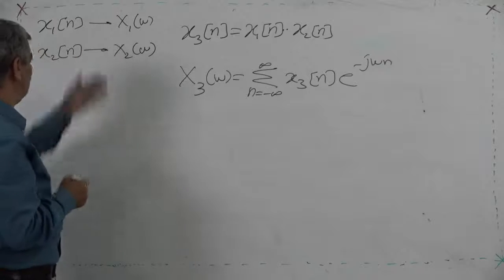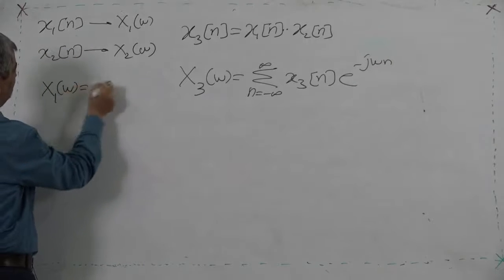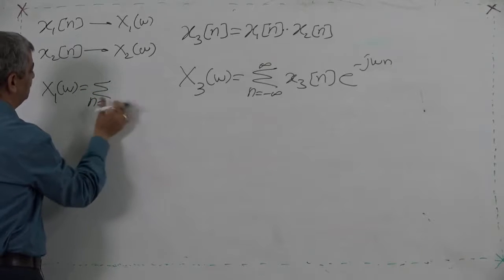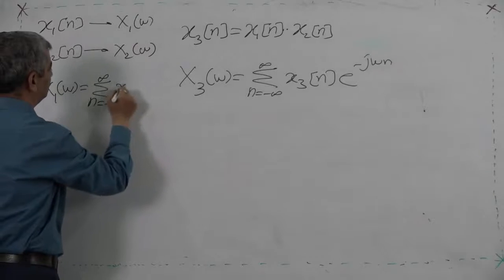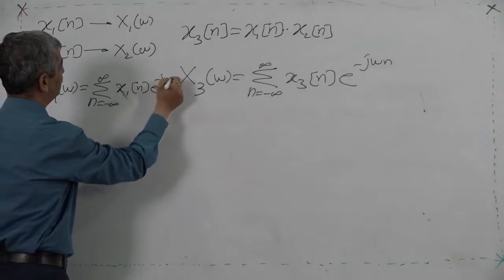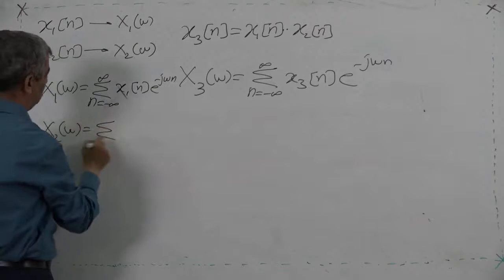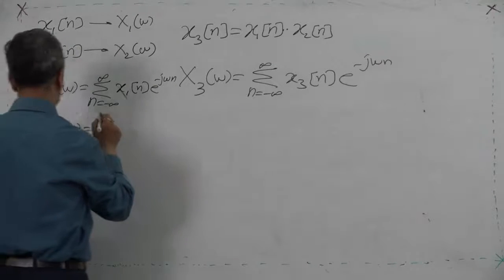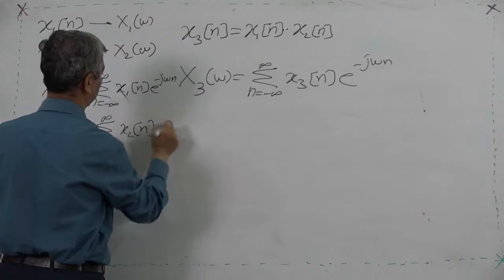What is x1 omega? Which I very well know. x1 omega is summation n equal to minus infinity to infinity x1n e raised to minus j omega n, and x2 omega is equal to again summation n equal to minus infinity to infinity x2n e raised to minus j omega n.